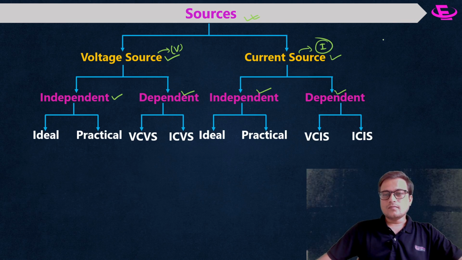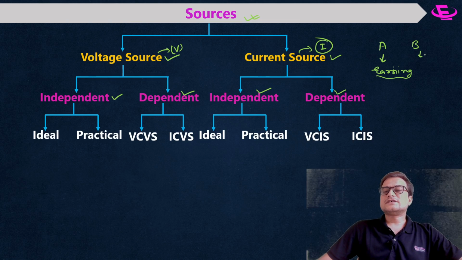Suppose there are two members in your family, suppose you are two brothers, A and B. You are doing a job, you are earning, you have your own money, but your brother is studying, he is a student, and he is taking money from parents.